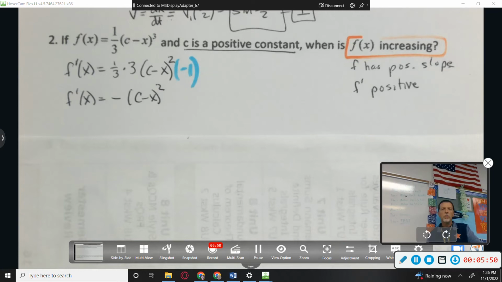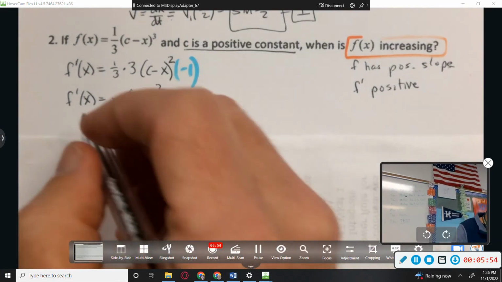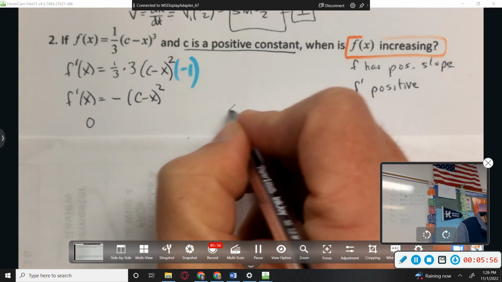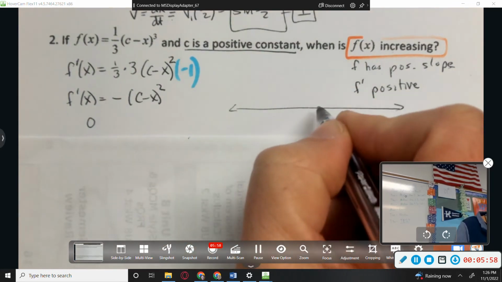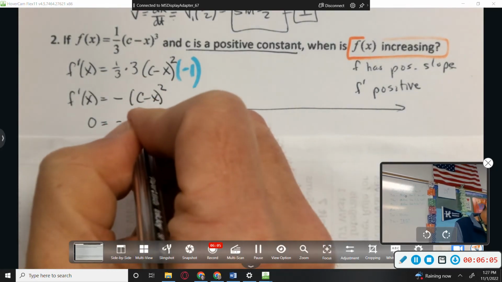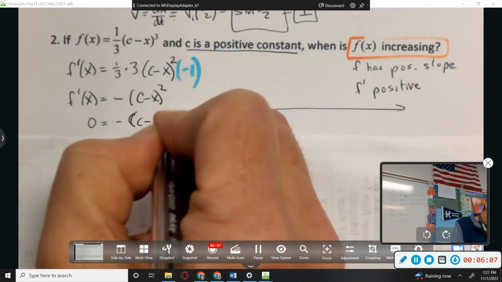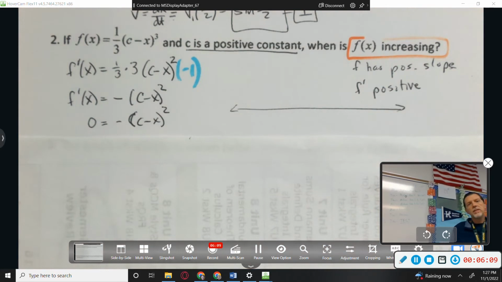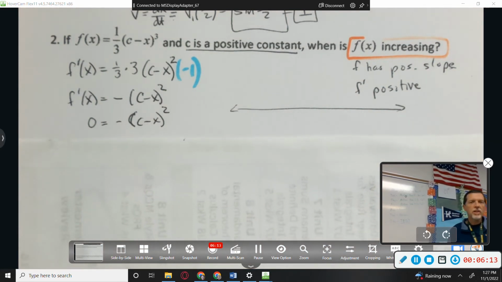So I want to know where that is positive and negative. So I'd like to know where it's 0 first, because then I can put that on a number line and check my intervals. So what would make negative (c minus x) squared be 0?